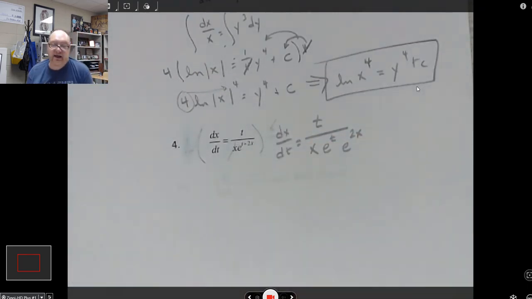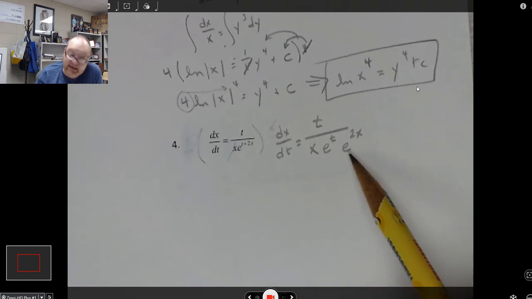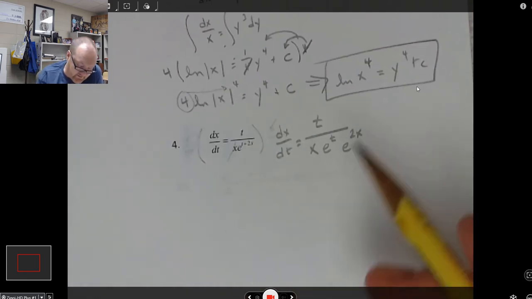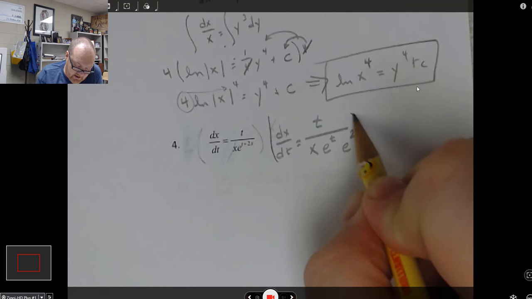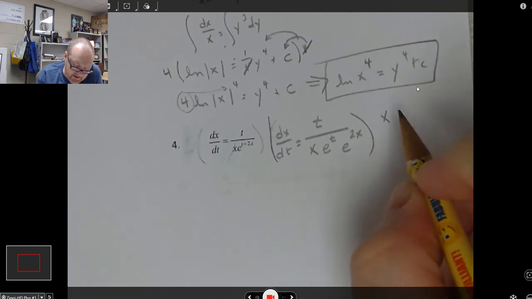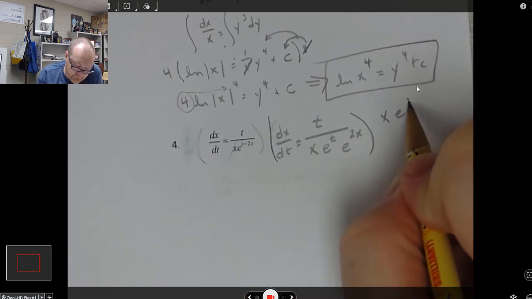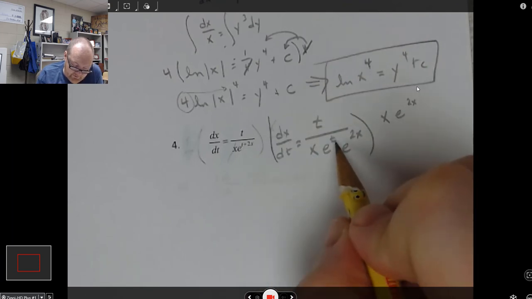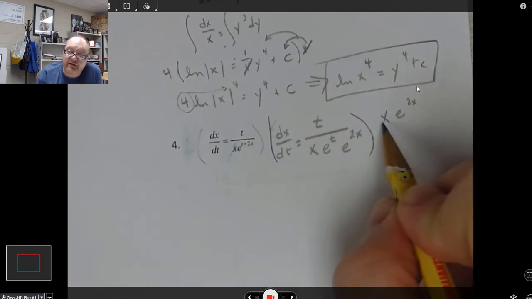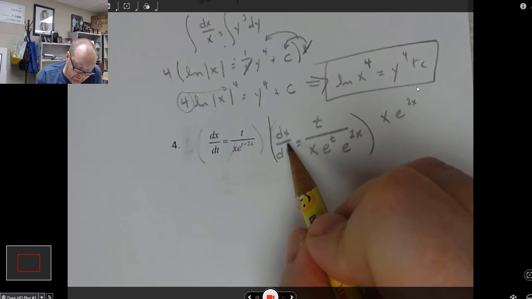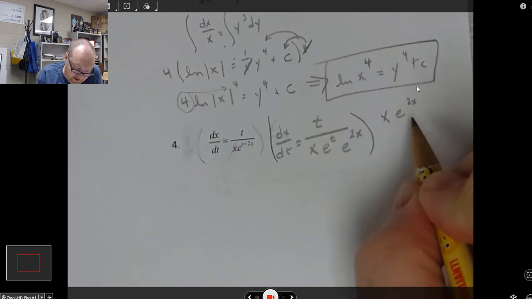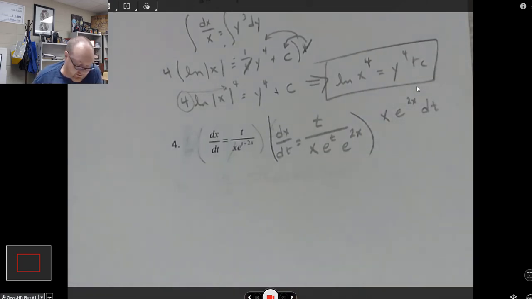So as I clean that up, I need to get rid of both x and e to the 2x to the other side. So again, I'll multiply by x e to the 2x to both sides. That'll cancel this and this with both of these. And I need to get rid of this dt, so I'll multiply both sides by a dt term.